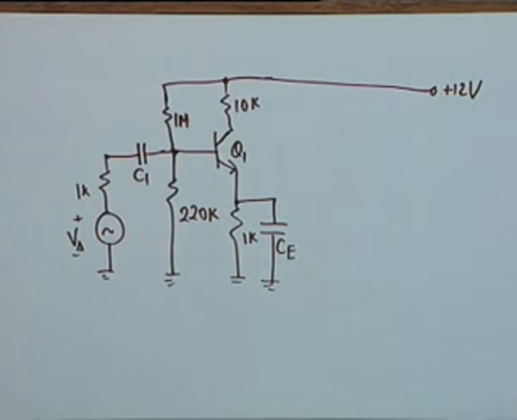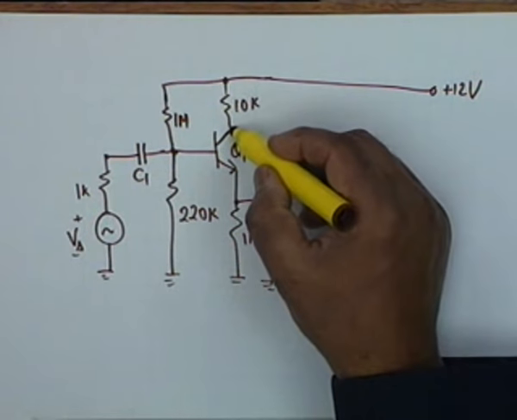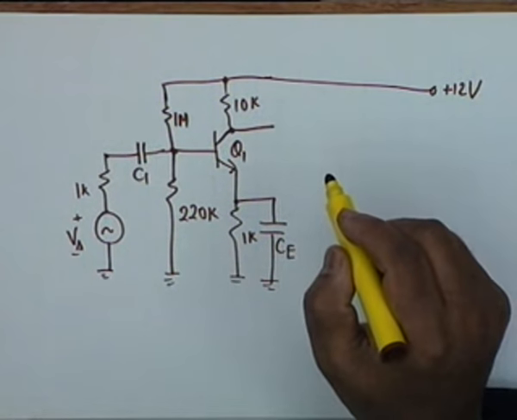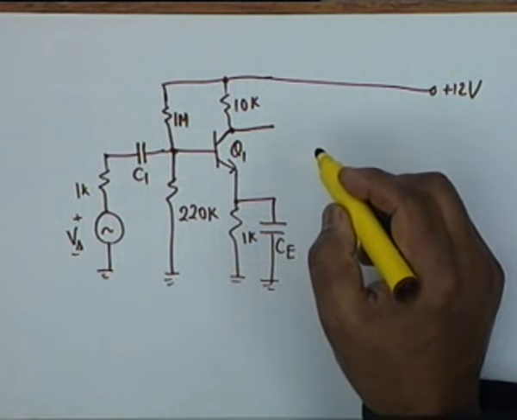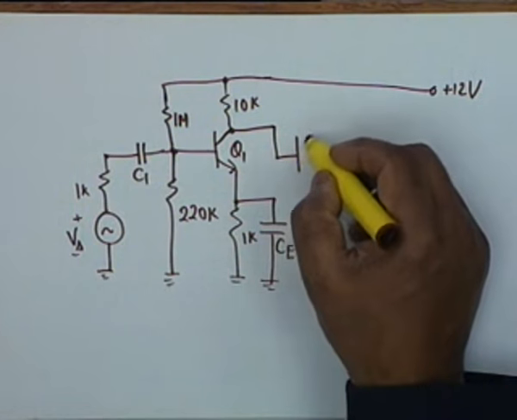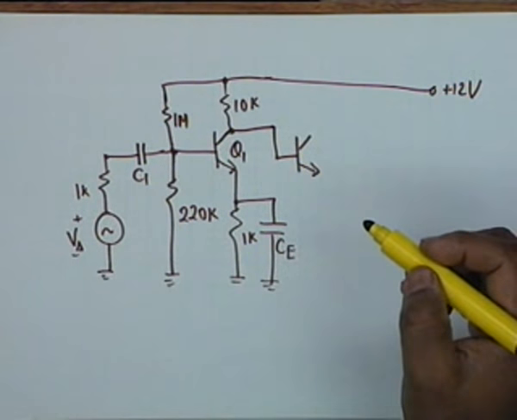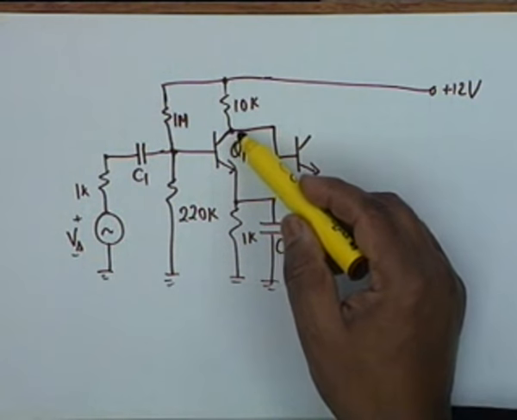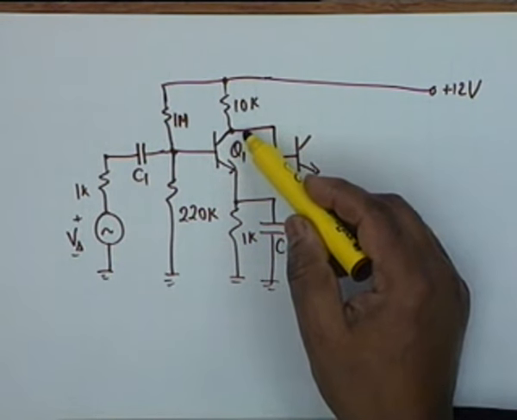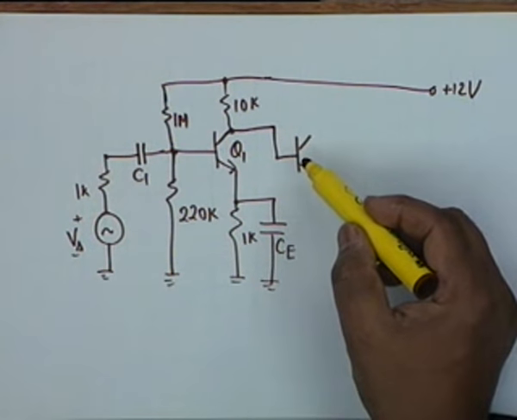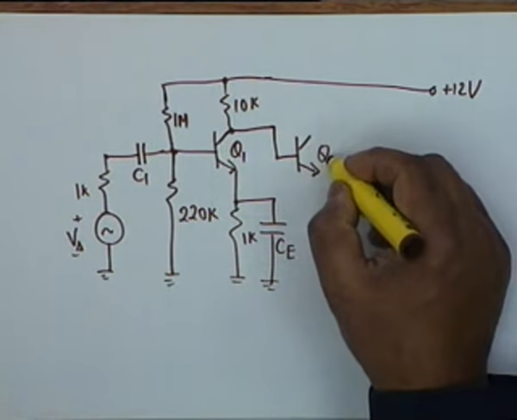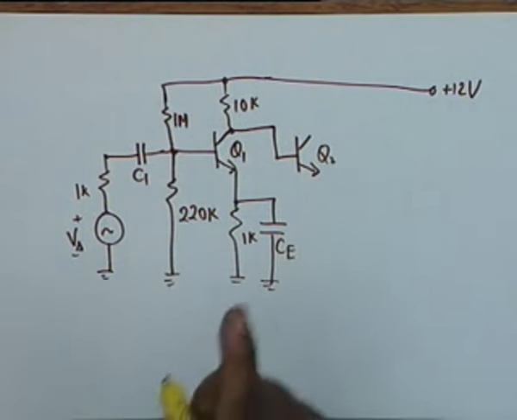This is the first stage. The output of this is taken without a capacitor, directly coupled to a second stage. This is intentional, that this voltage VC1 shall act as VB2, I beg your pardon, VB2, to supply the necessary base current.